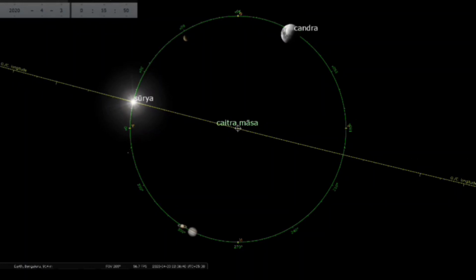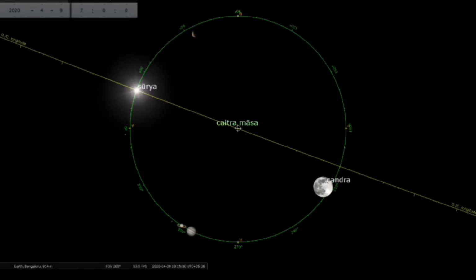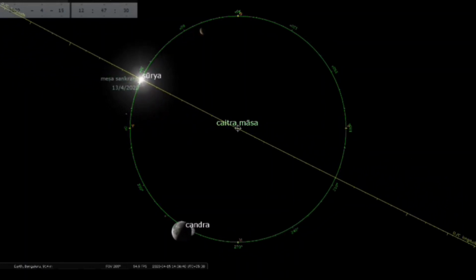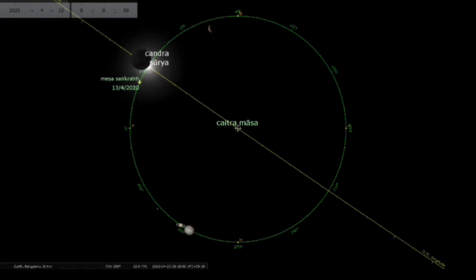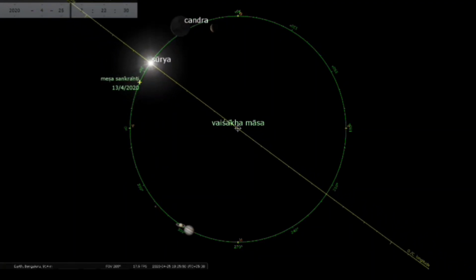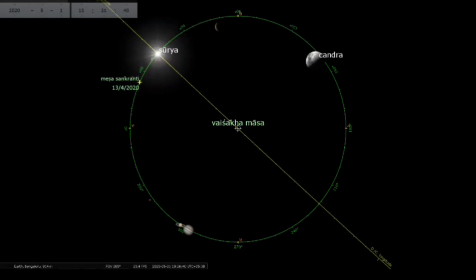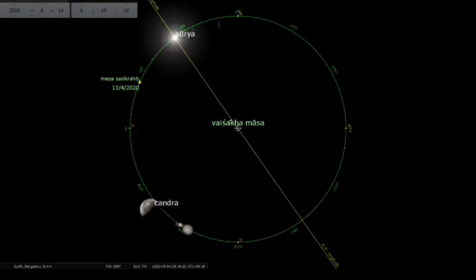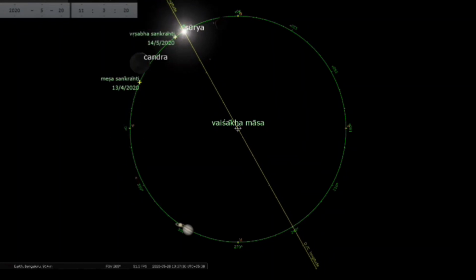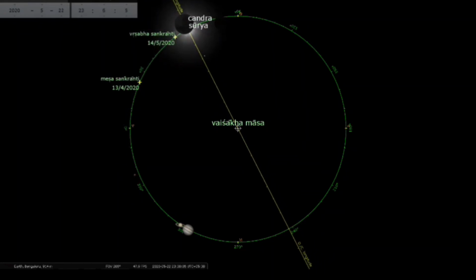So months are named based on the nakshatra that the full moon is near during that period. For example, during Chaitra month, the full moon falls around the Chitra nakshatra, and during Vaisakh month, the full moon falls around the Visakha nakshatra. That's why it is named.